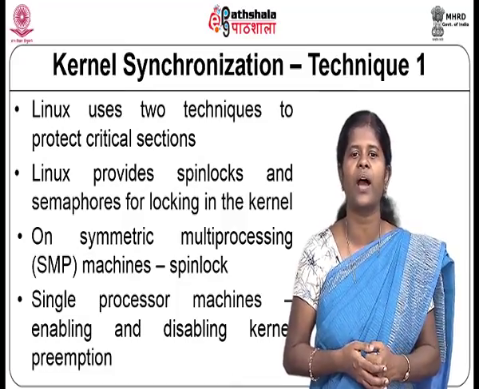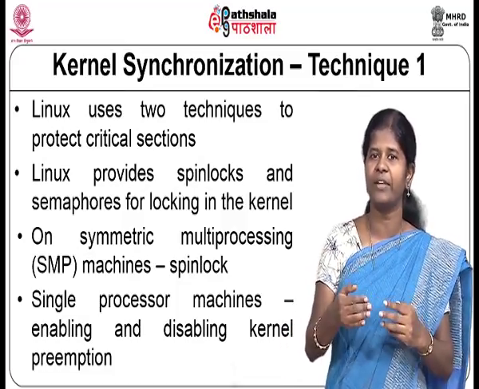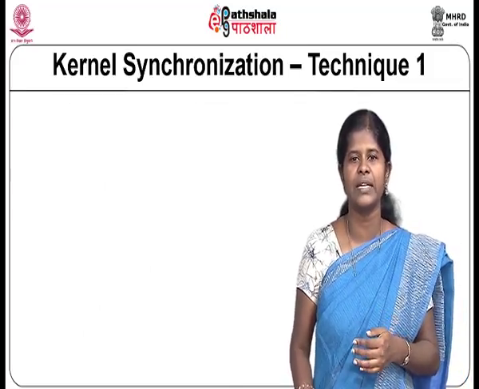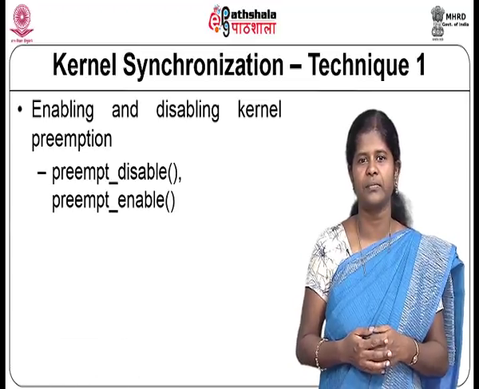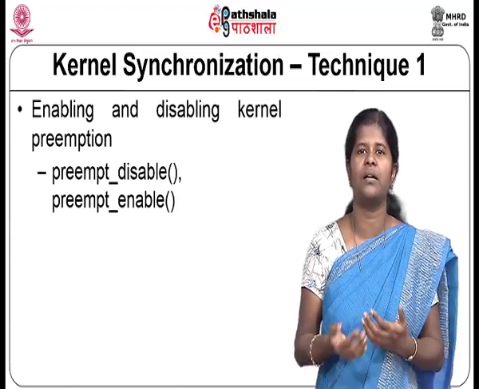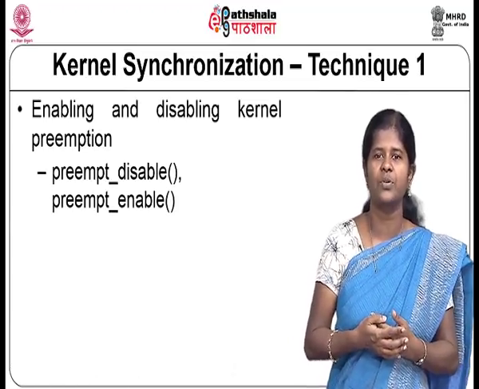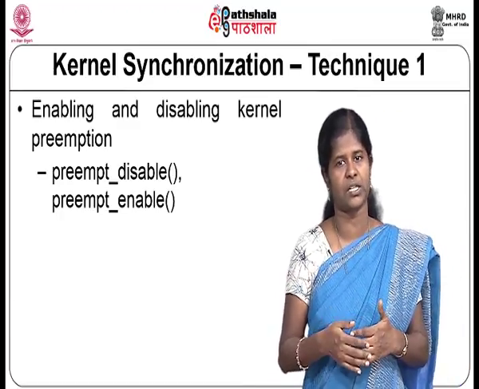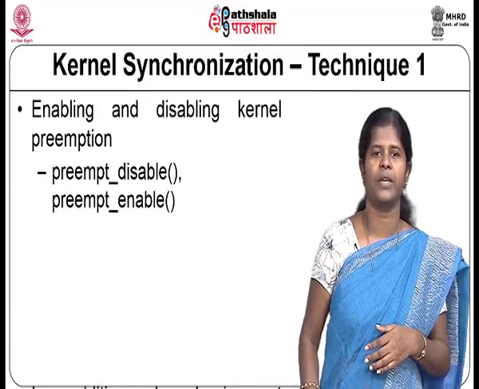In that case, you have two kernel defined calls, which are used for enabling and disabling kernel preemption. Before using the data structure, you disable preemption, and after completing the usage of the data structure, you enable the preemption.